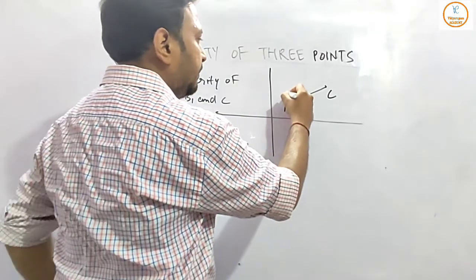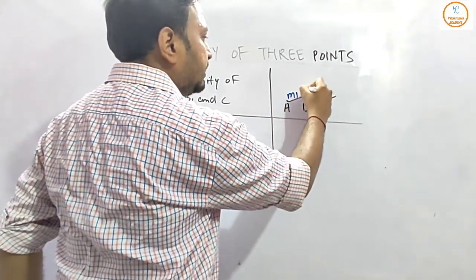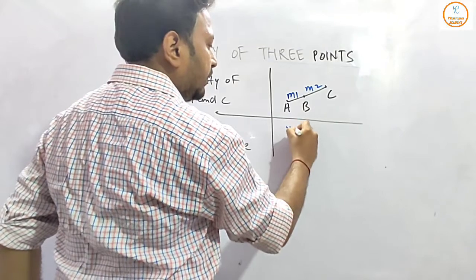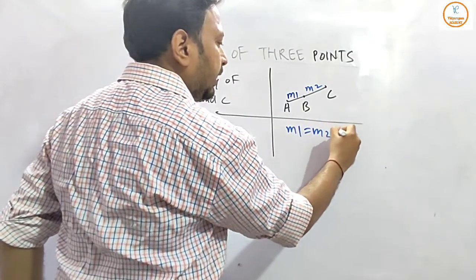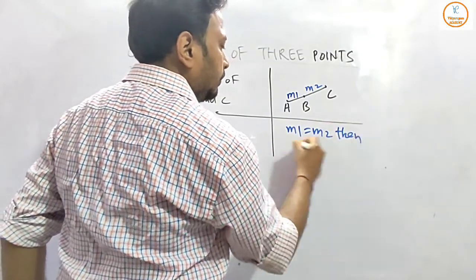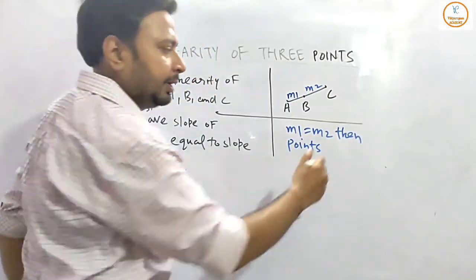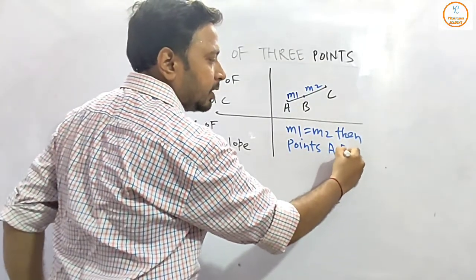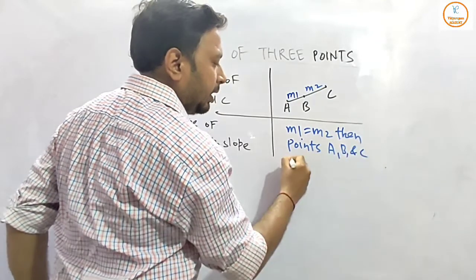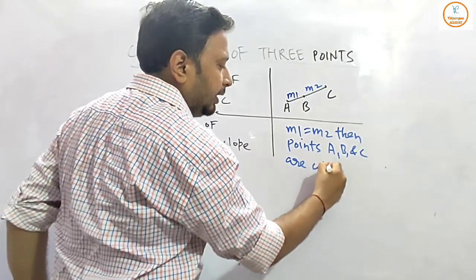Suppose the slope of AB is M1 and slope of BC is M2, then we must have M1 equal to M2, then points A, B and C are collinear.